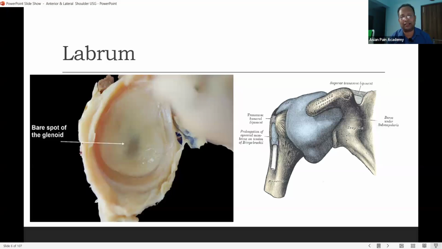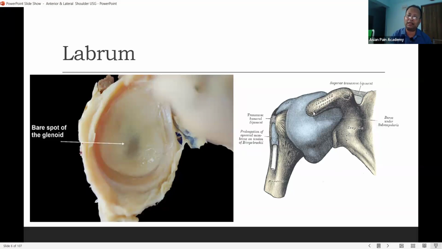That situation would have occurred if the glenoid labrum had not been there, but the glenoid labrum is there. So the glenoid labrum makes it a deeper area where the humeral head can stay in a stable way. Okay, so these are the deep structures, and then comes the capsule.